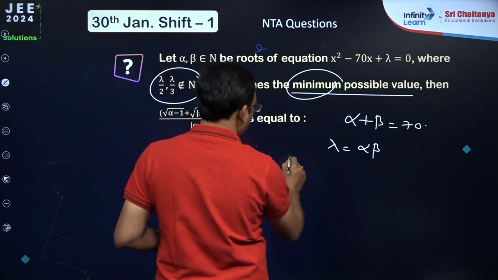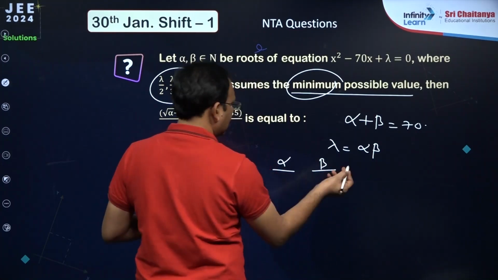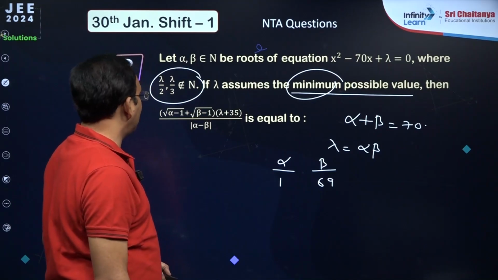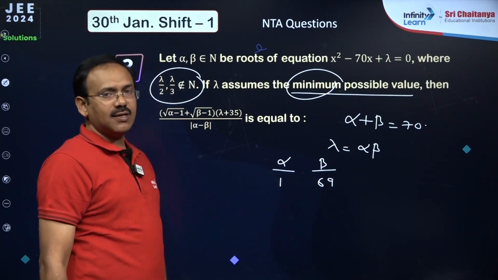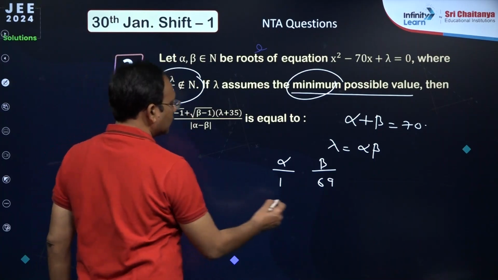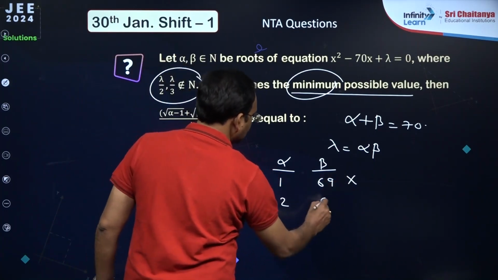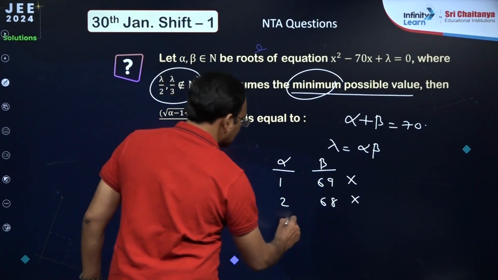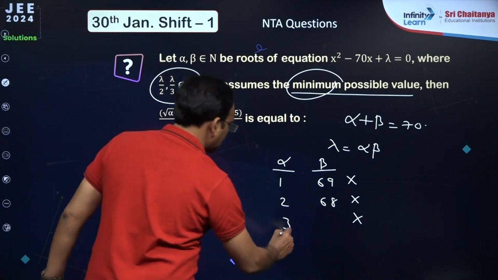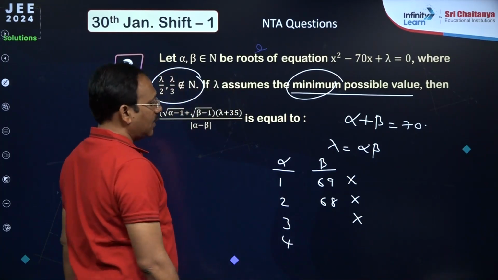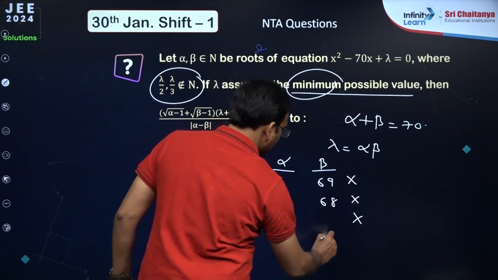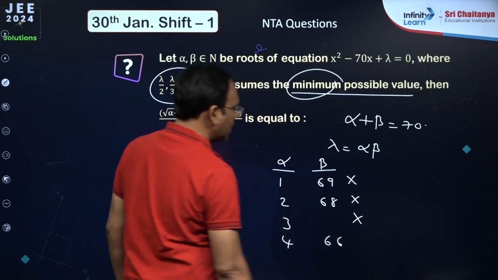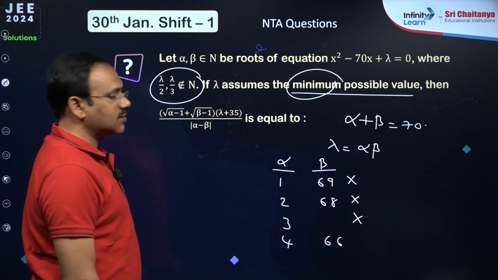Suppose you take alpha, beta like 1 and 69, so lambda/2, lambda/3, you see 69 is divisible by 3, so this won't work out. 2 and 68 will not work out because lambda is divisible by 2. 3 and 67 will not work out, divisible by 3. If you take 4, my dear friends, if alpha is 4, beta is going to be 66. It is also not possible because 66 is divisible.